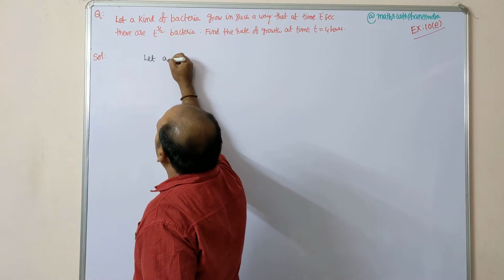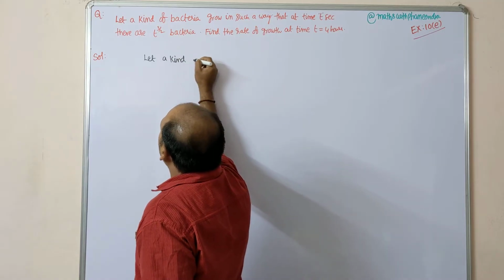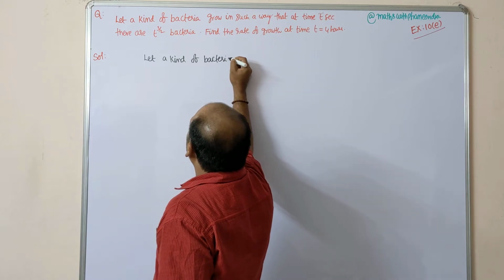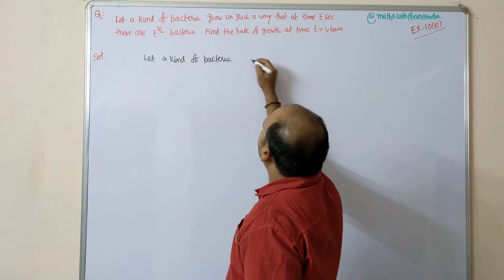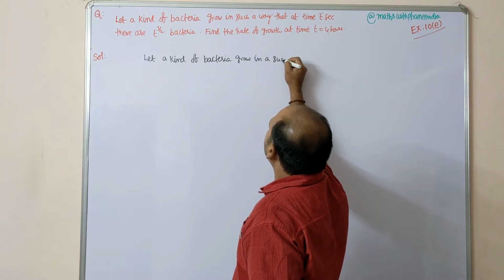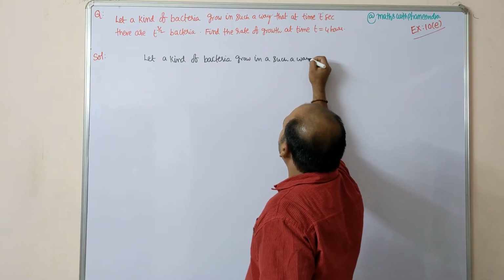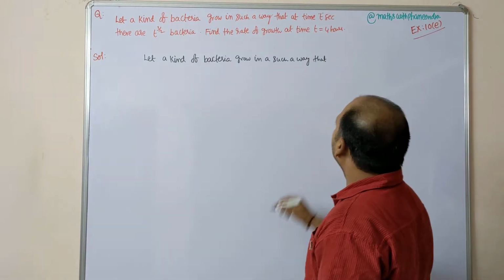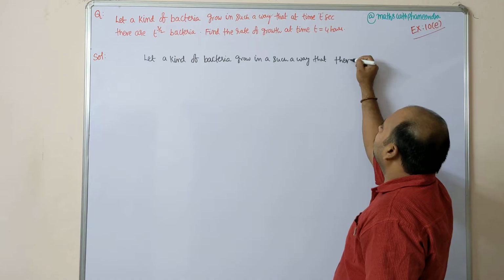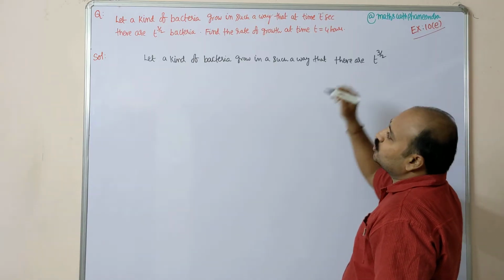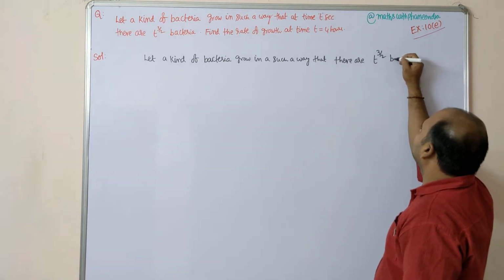Let a kind of bacteria grow in such a way that there are t power 3 by 2 bacteria.